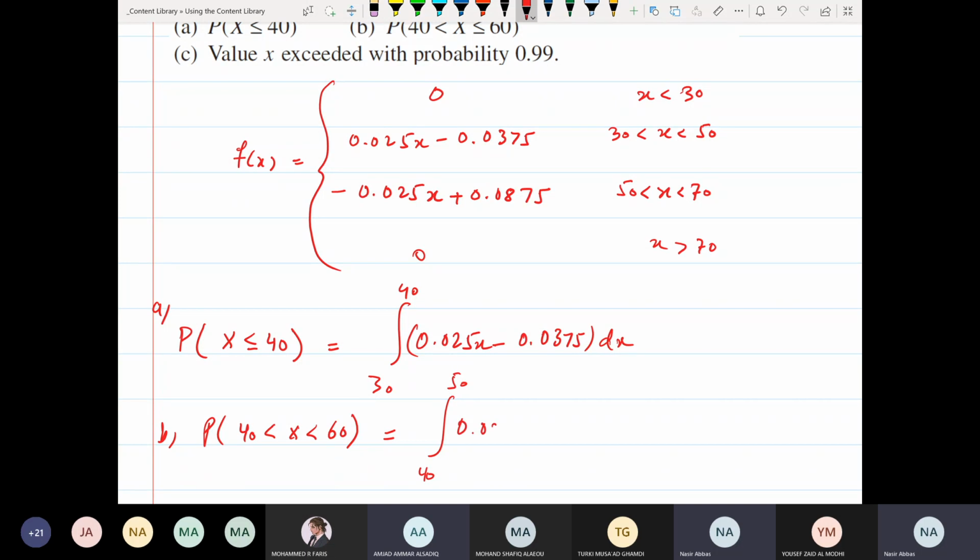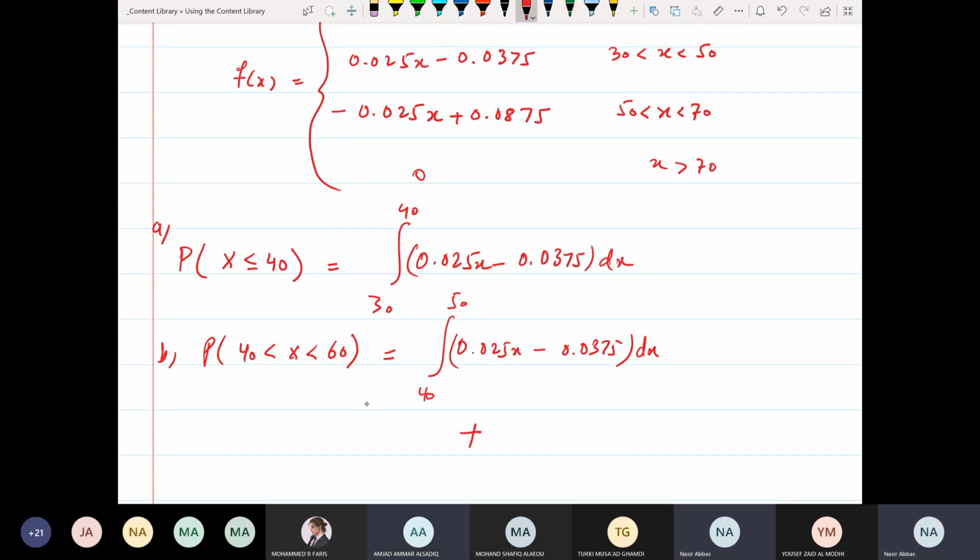We have the first equation, integral of 0.025x minus 0.0375 dx, plus the integral from 50 to 60 of the second equation, minus 0.025x plus 0.0875 dx. This is how you will find the probability for split domain.